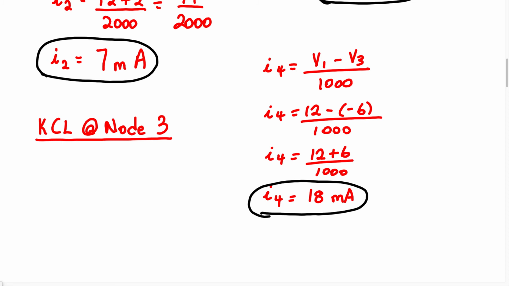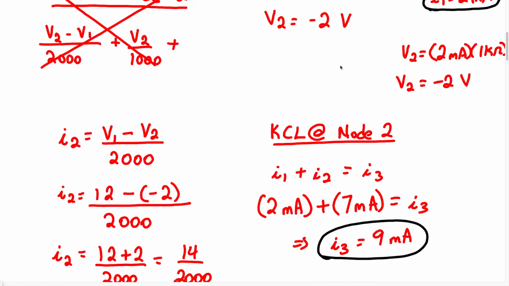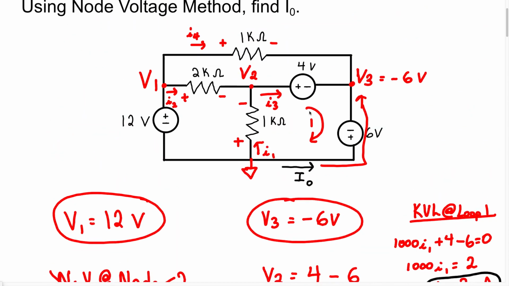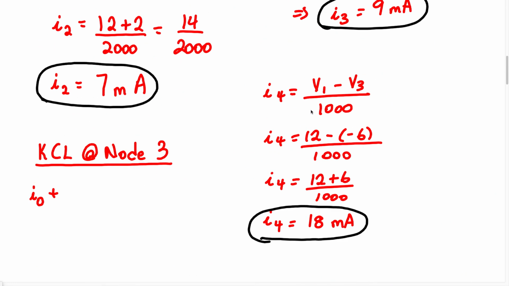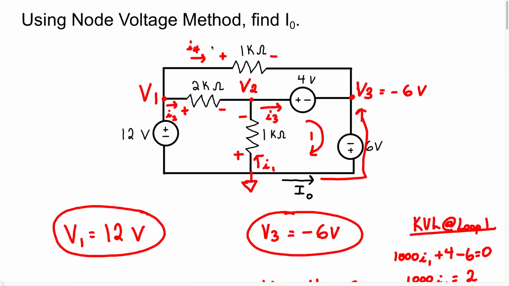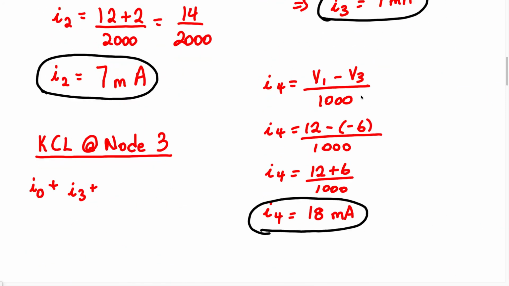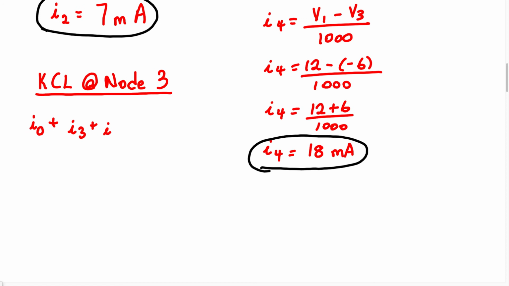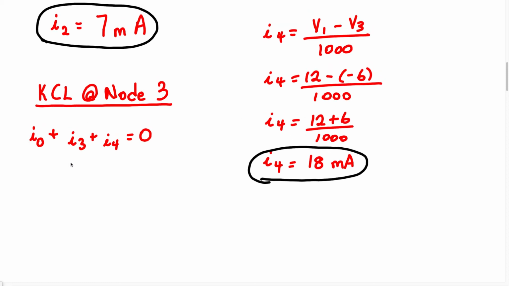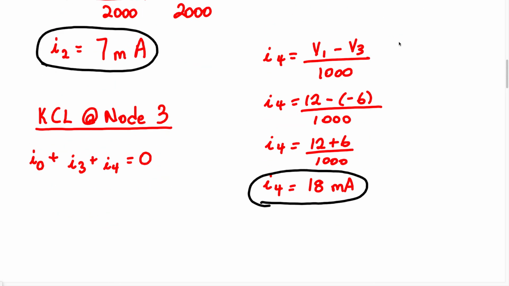So we're going to have I0 flowing into that node, plus we have I3 flowing into the node as well, plus I4 that's going to flow into this node. And all of that must equal 0. Now we know they want us to find I0, but we know I3. We know I3 is 9 milliamps.